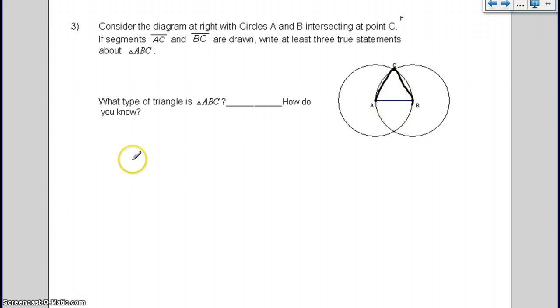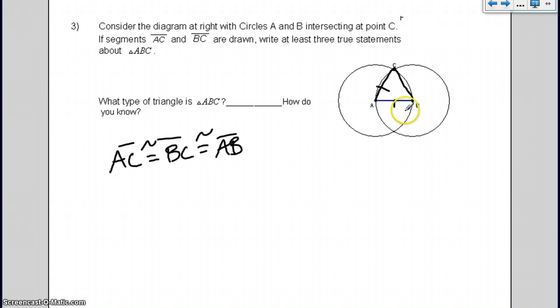Well, I know that AC is going to be congruent to BC, which is also congruent to AB. How do I know this? AB is the radius of the circle. Well, so is AC, and so is BC.